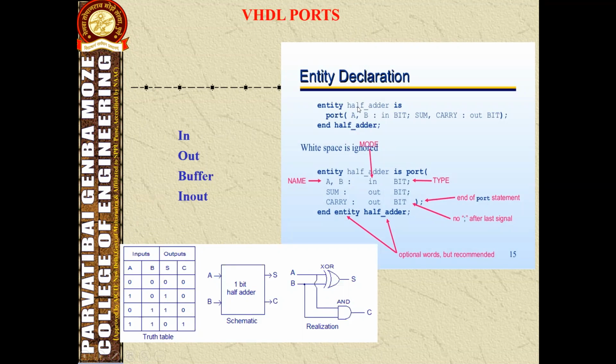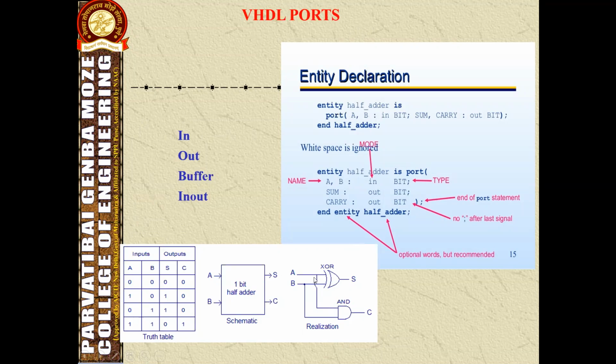This name is a user selected name. We are seeing the operations of a half adder here, so we have taken half underscore adder. The name of the entity should be followed by is, which is also a predefined word.